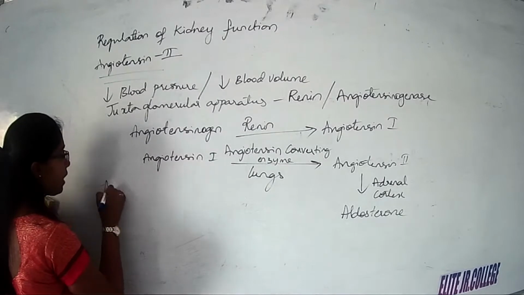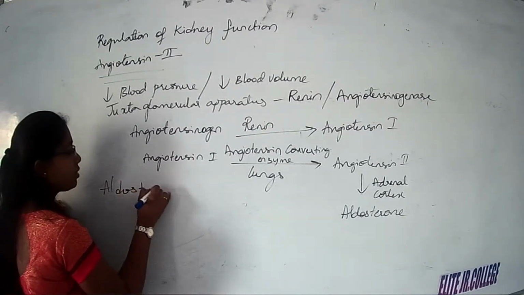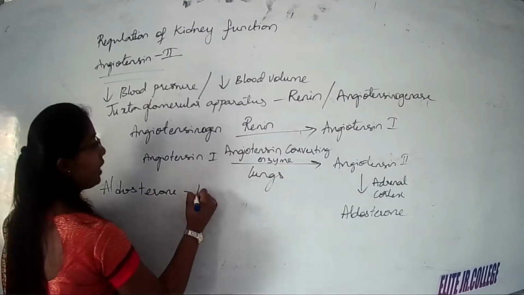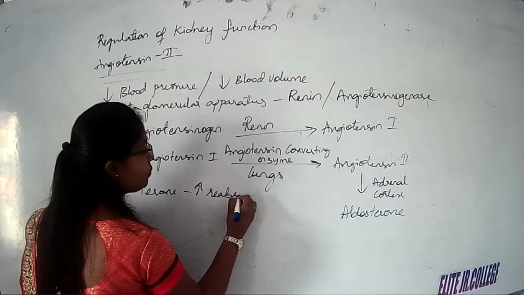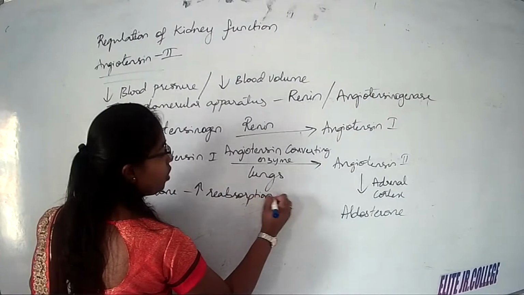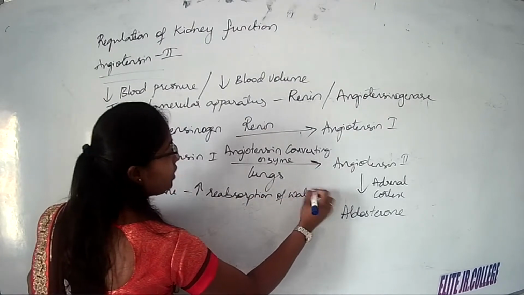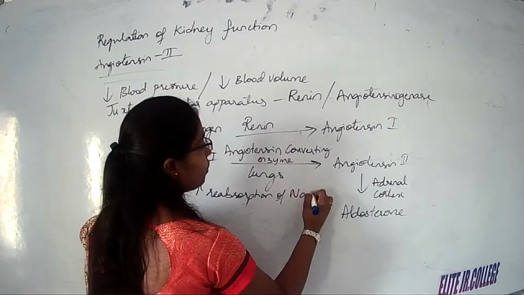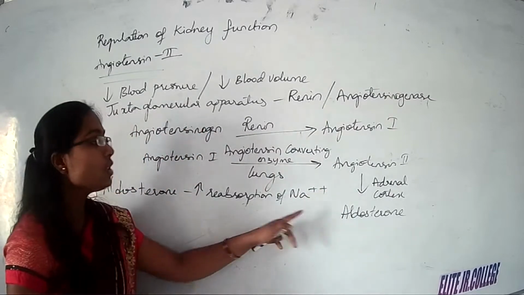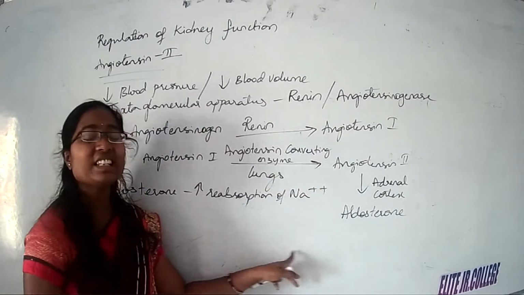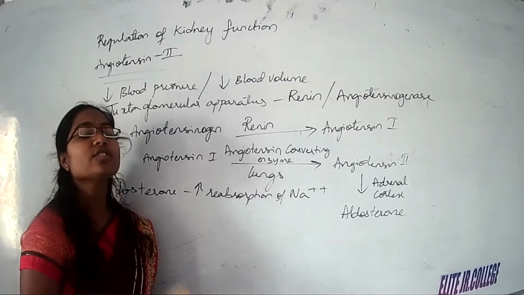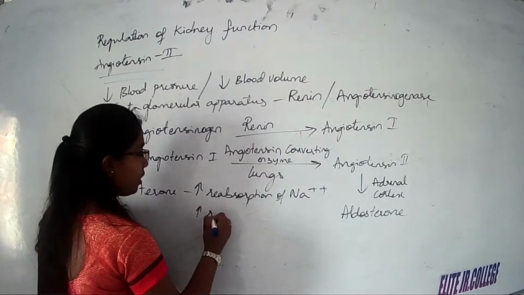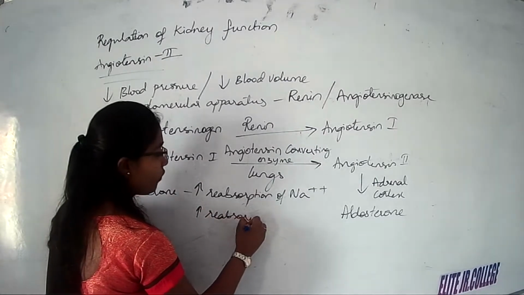Aldosterone is a hormone. It is going to cause increase in the reabsorption of sodium. Whenever there is an increased reabsorption of sodium, it is going to directly and indirectly cause increase in the reabsorption of water.